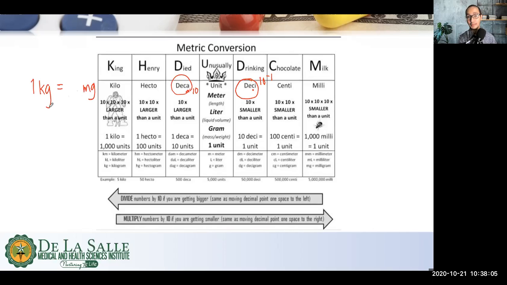Remember that if you are converting a unit from a larger denomination to a smaller denomination, and the kilogram is a larger denomination than the milligram, you will move the decimal place to the right.